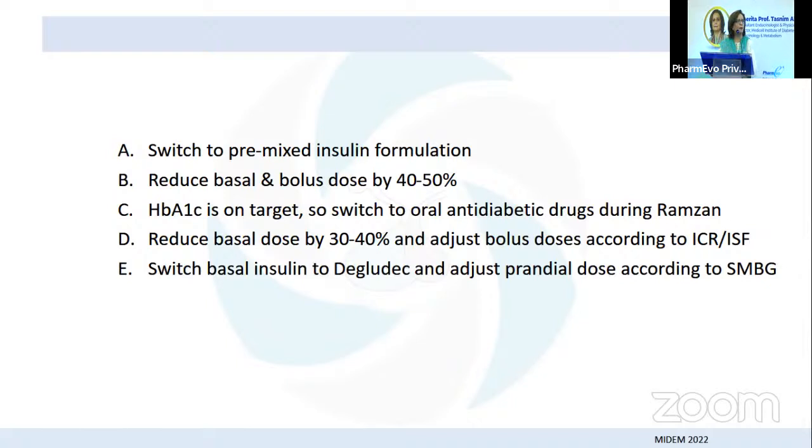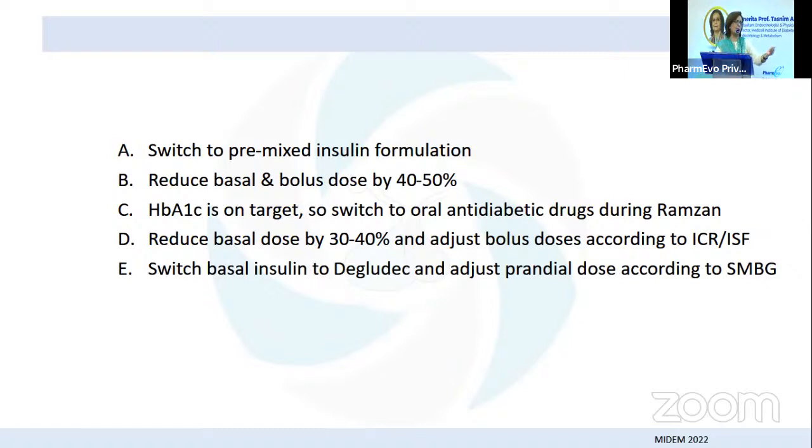More chances of weight gain and hypoglycemia? But that's fine. Prandial is being adjusted. Basal also. There's another catch there. I want somebody to pick it up. Anything else? Dose is not adjusted.